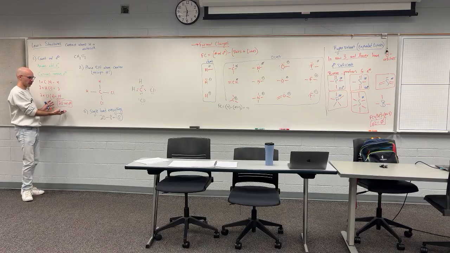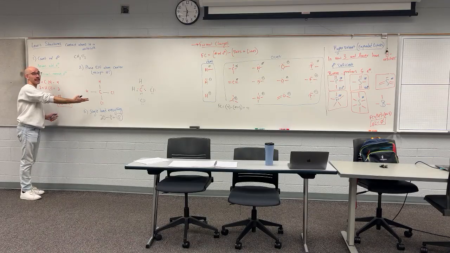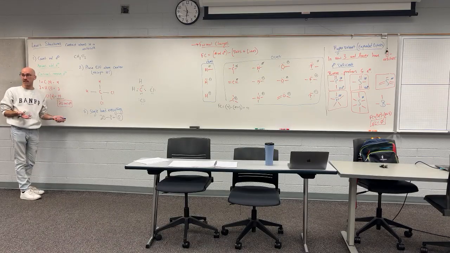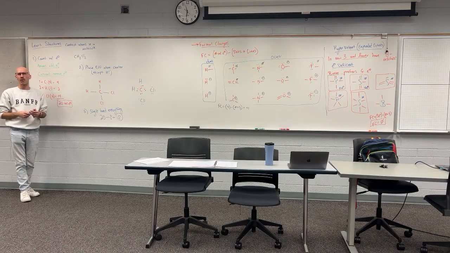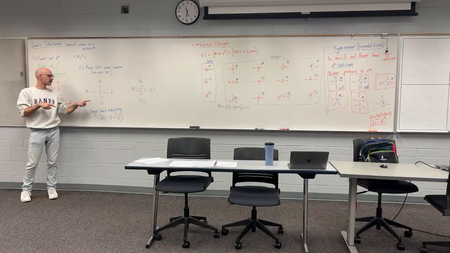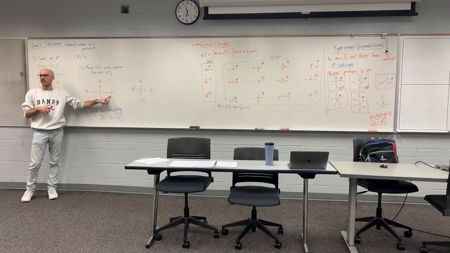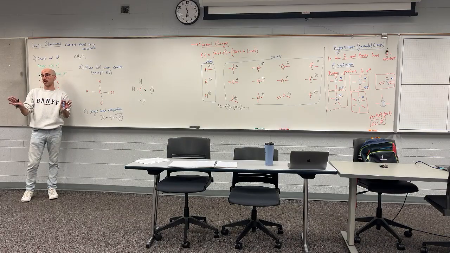So if you have the total number, you know everything has to have at least a single bond. This allows you to just jump straight to that without worrying about whose electrons are these, whose electrons are those. It's the molecule's electrons. They need to be in there. Is that okay?